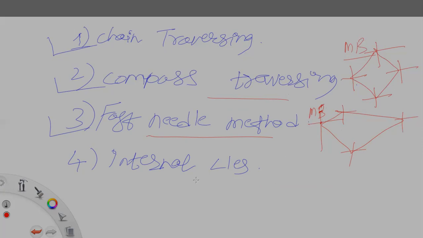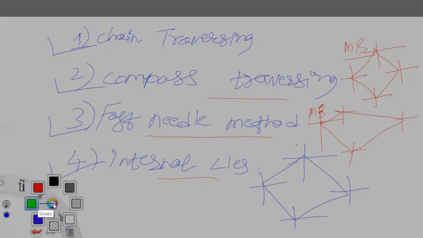After that, you will have more accuracy in the internal angles method. Here you calculate the various internal angles, this angle, then this angle, and this angle.